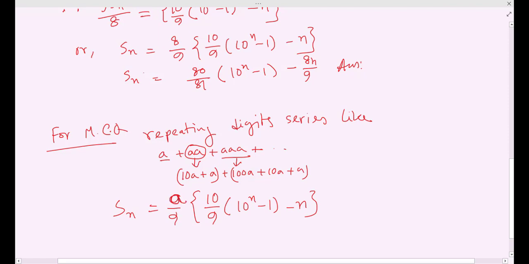The digit a is at the numerator, a by 9. The second bracket is 10 by 9 into 10 to the power n minus 1 minus n. Or 10a by 81 into 10 to the power n minus 1.